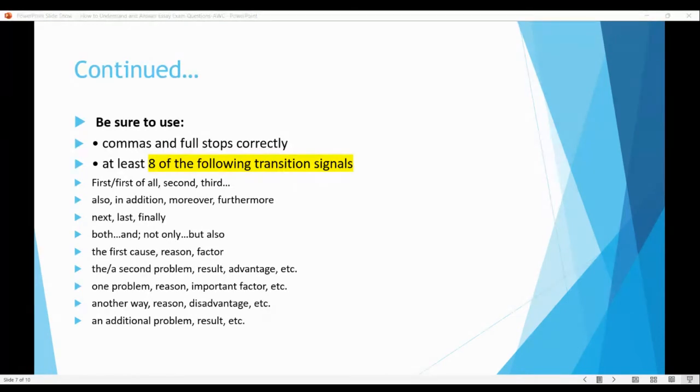If you have any questions with regard to linkers, go ahead. Do you find it easy to use linkers, or do you find them problematic? If you have any questions about linkers.